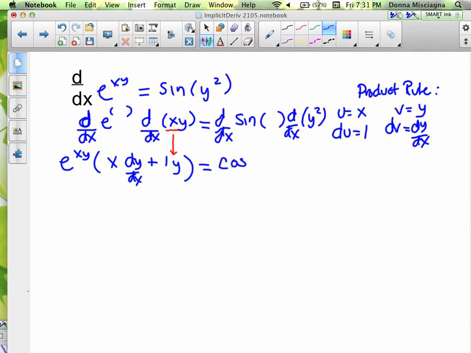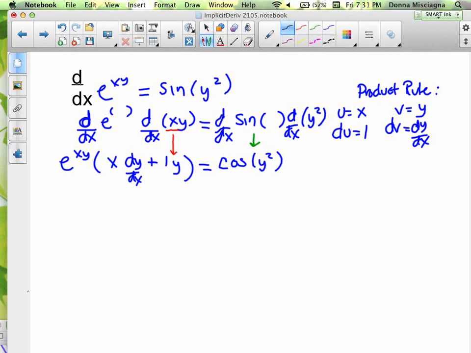And the blop is y squared. Now we need to take the derivative of the blop, which is right here. That's the derivative for sine blop.